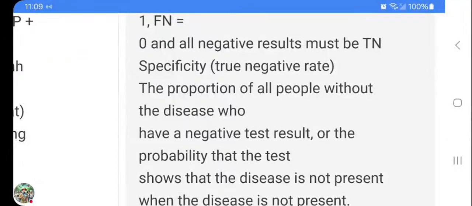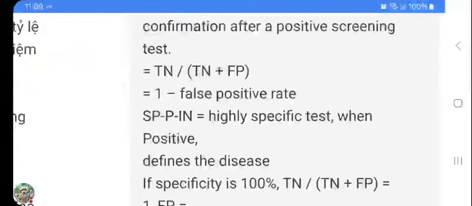So remember how to calculate sensitivity. Just remember it's a 2 by 2 table. Truly having the disease means the sick people, which is the first column.